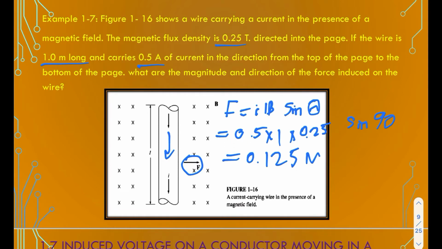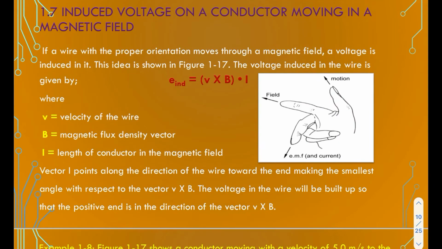Let's move to the next slide. Section 1.7, induced voltage on a conductor moving in a magnetic field. If a wire with the proper orientation moves through a magnetic field, a voltage is induced in it. This idea is shown in the figure.